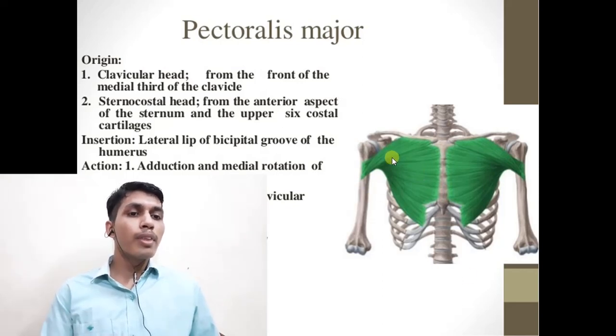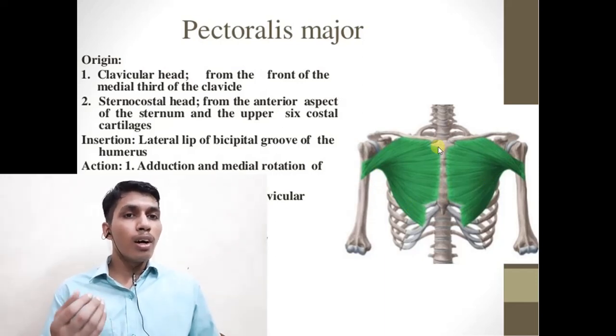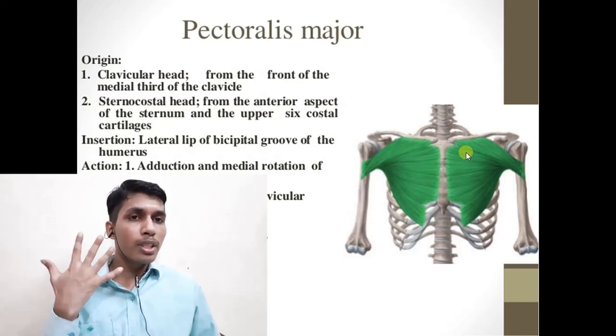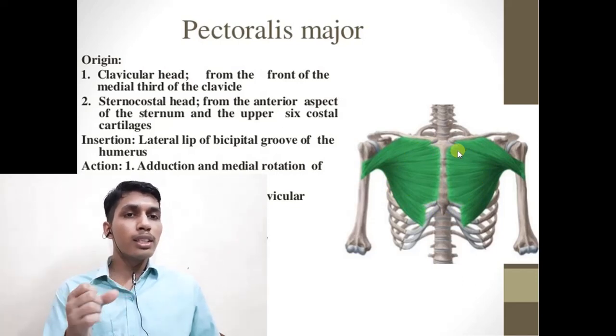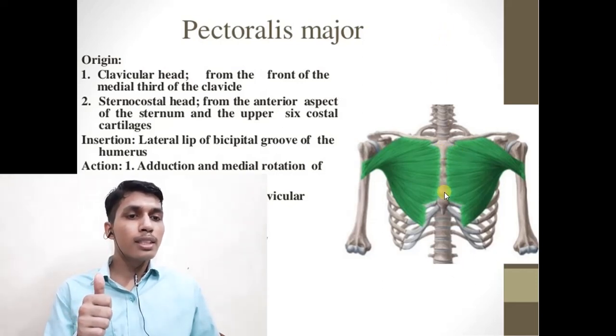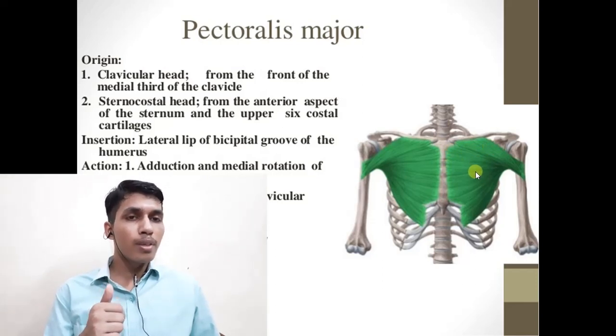Actually we study that these green color fibers are of the pectoralis major muscle, and beneath this various structures lie under the cover of this muscle. Broadly we study 5 structures. Number 1, bones and cartilages: there lie the sternum bone, costal cartilages and ribs.